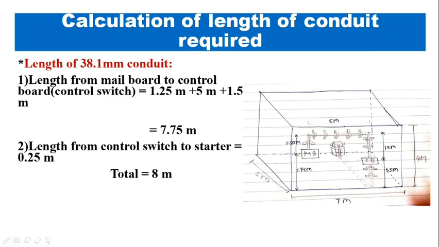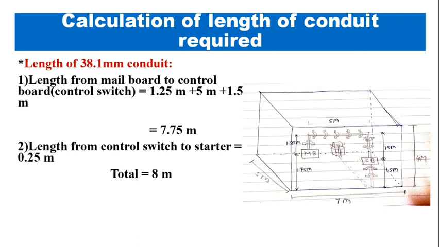So the total length of 38.1 mm conduit required for the installation is the addition of this, that is 7.75 meter plus 0.25 meter. The total length of conduit is 8 meter.